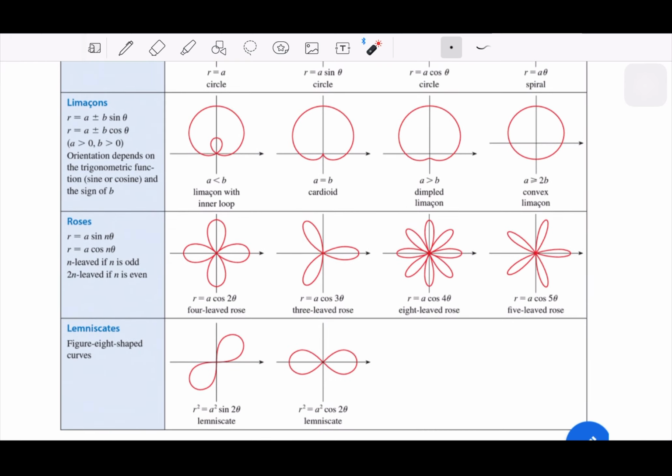And roses, you have the pattern for odd or even n, for the n inside the function here. The 4-leaf rose is what we did. And then this is an example on cosine.